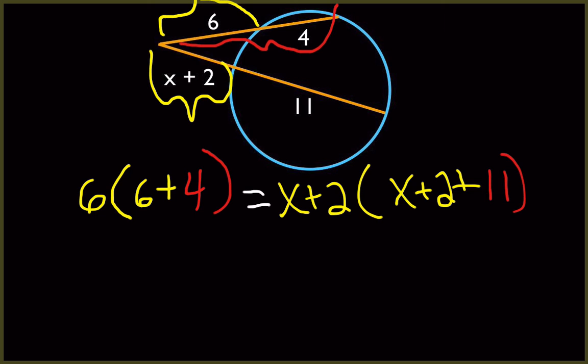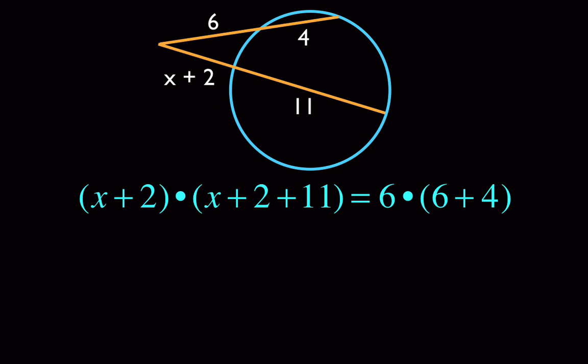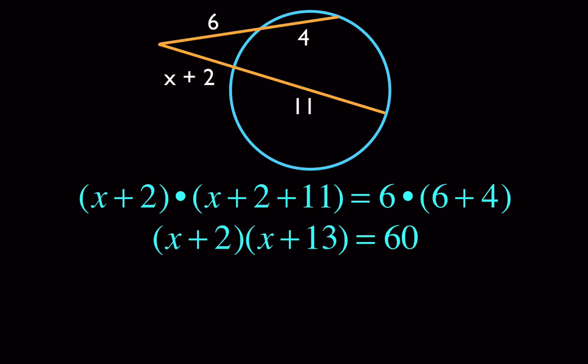Okay, you can combine these two and make 13. So you pretty much end up with that stuff right there. So as you can see, this is what I have on my paper as well. So what I did here is I went ahead and combined 2 and 11 and made 13, and I also did the multiplication on the right side.